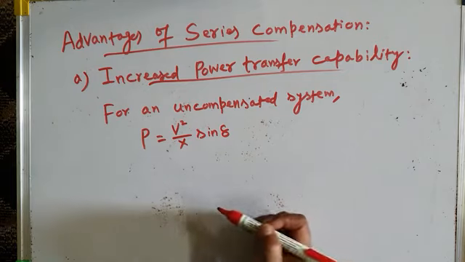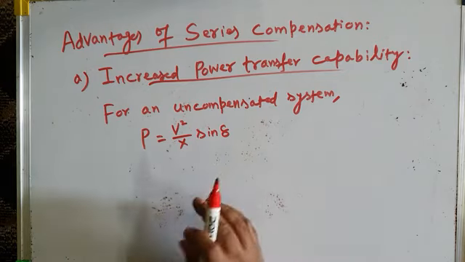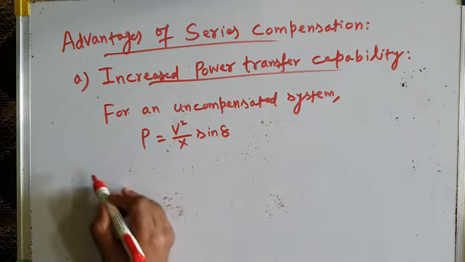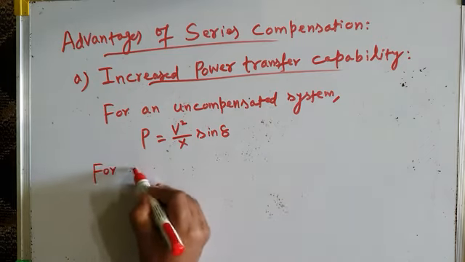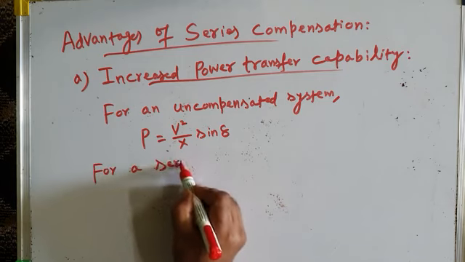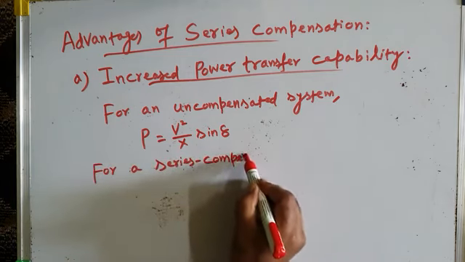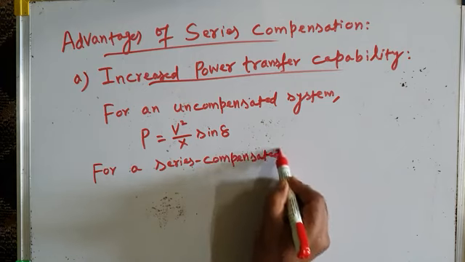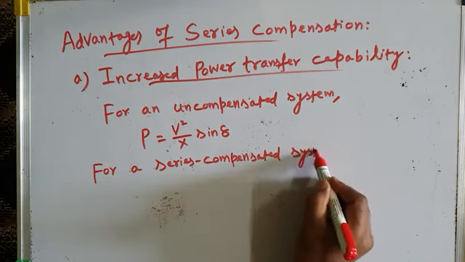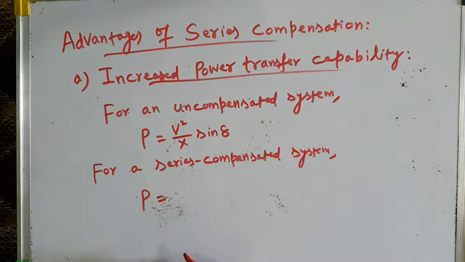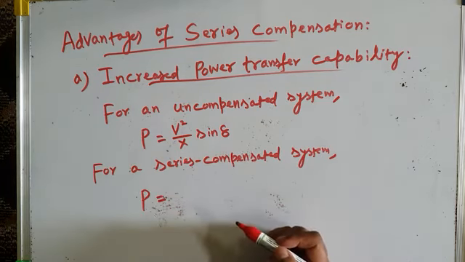And now if the system is series compensated, say for example by a series capacitor, a variable series capacitor, the equation for power transferred over the line gets modified because of the modification in the characteristics of the transmission system.